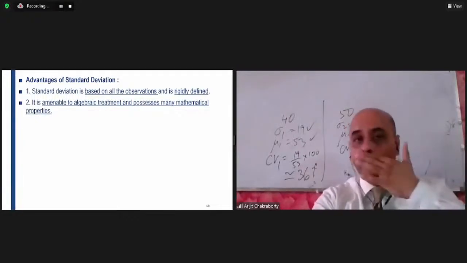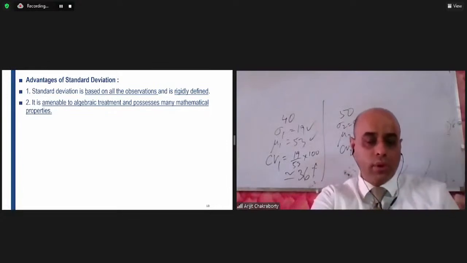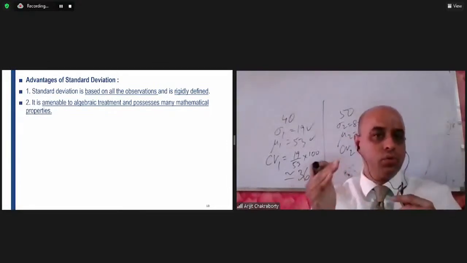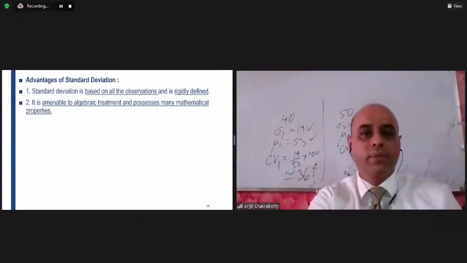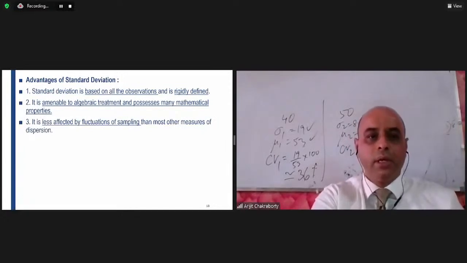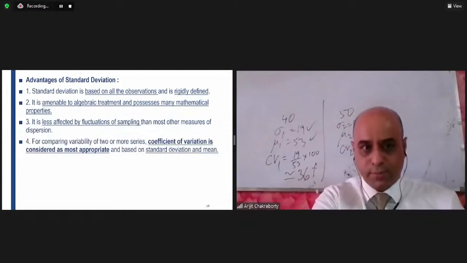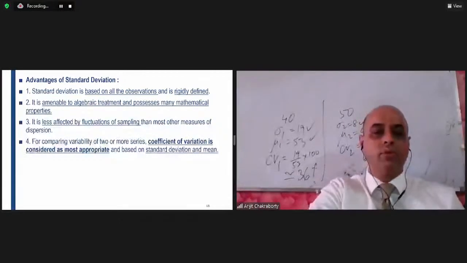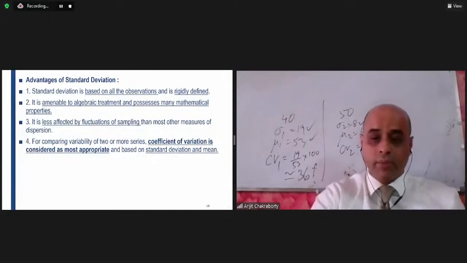For example, when you have two groups N1, N2 with standard deviations sigma 1 and sigma 2, you can find the combined standard deviation. Also, it is less affected by sampling fluctuations. Coefficient of variation is the most popular and most appropriate, being standard deviation divided by mean into 100.